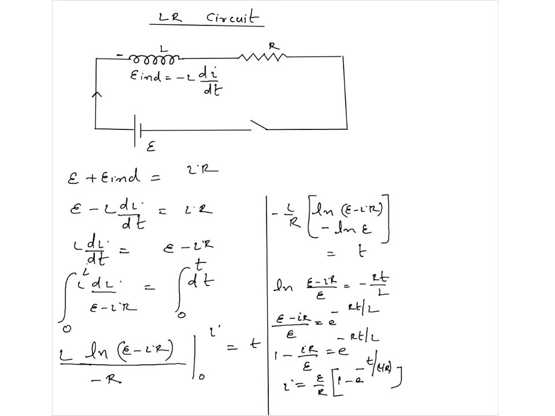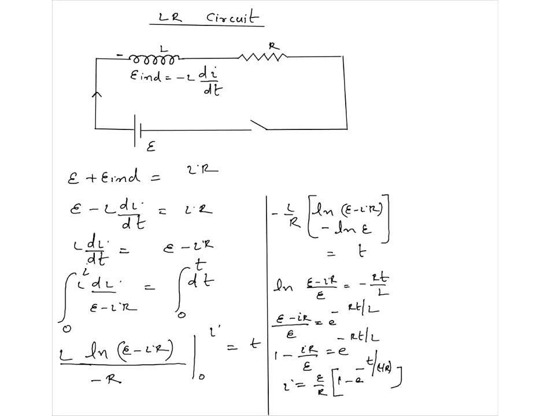So if the switch was off and you put it on instantly, it's like telling the inductor that current was 0, now it is E by R. That's asking for too much. Going from 0 suddenly to the E by R value makes di by dt extremely high.